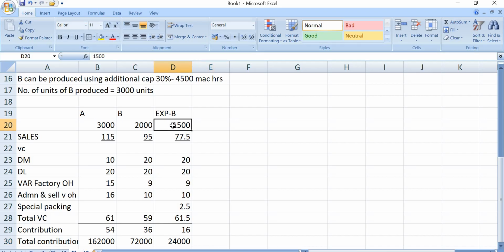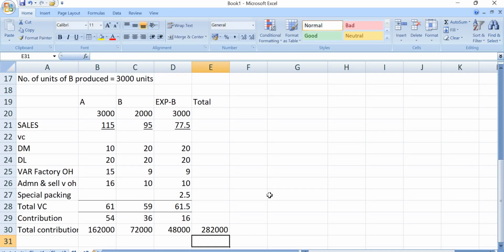Sorry, here it is 3000 units, I missed. So 48,000. So I will be getting a total of 2,82,000. Now we need to reduce what?